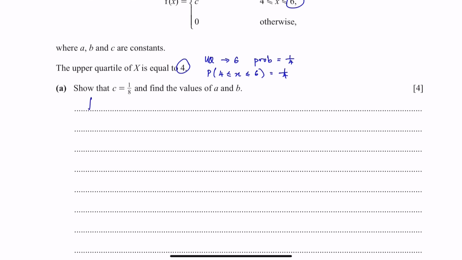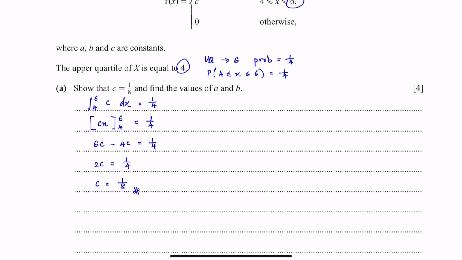So the integration from 4 to 6 of c would be 1 over 4. So the integration of c would be cx from 4 to 6 equals 1 over 4, and 6c minus 4c equals 1 over 4, 2c equals 1 over 4, and c would be equal to 1 over 8.